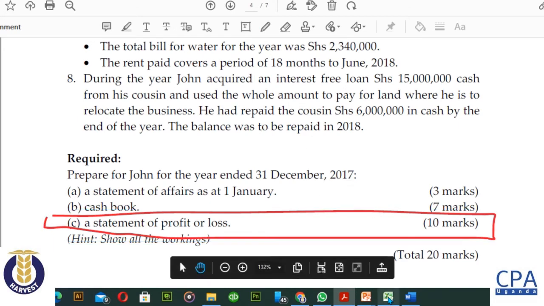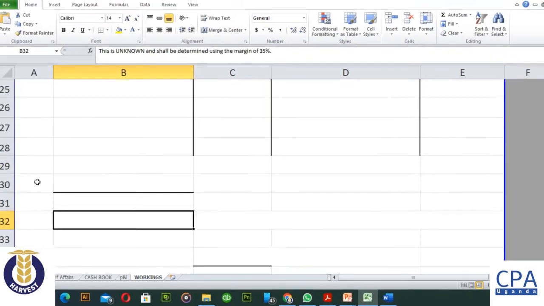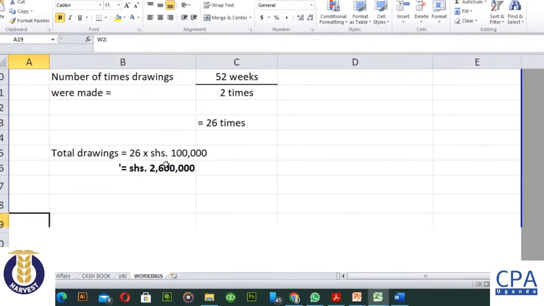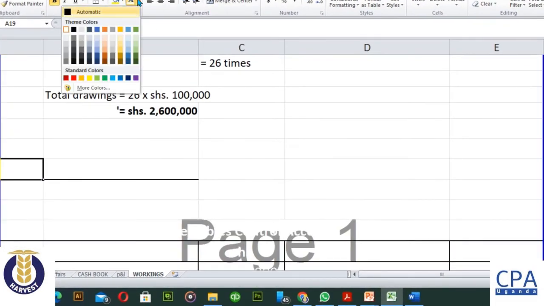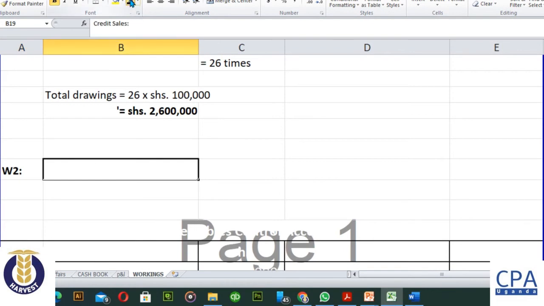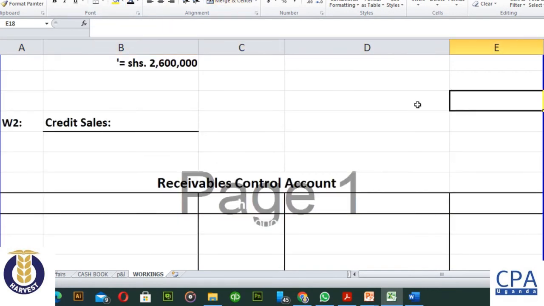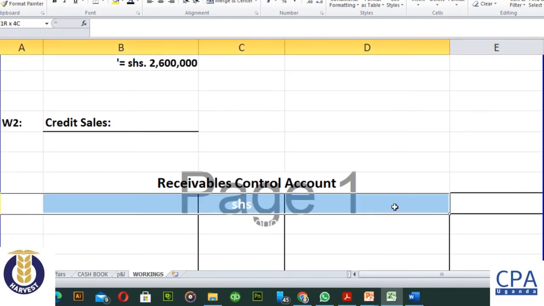Now straight away I'll take you to my workings. I had marked these as working number 2, and in working number 2 I'm looking for the credit sales, and this is the T account.